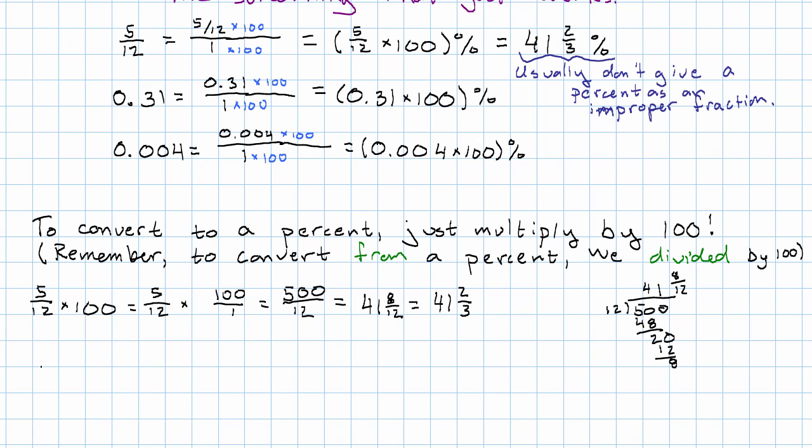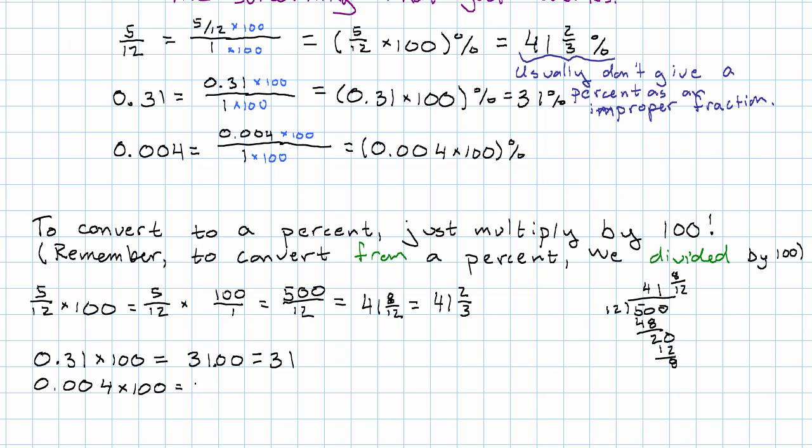With the decimals, this is a little bit easier. 0.31 times 100. I can do this the long way, ignore the decimal points and multiply. And then I have 2 digits after the decimal point. So 0.31 is 31%. 0.004 times 100.